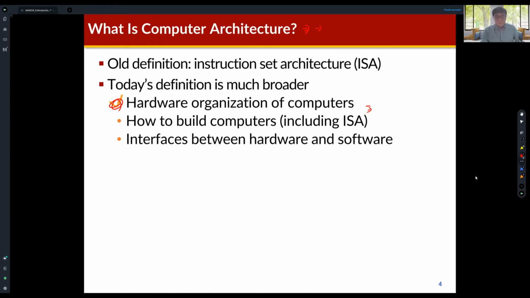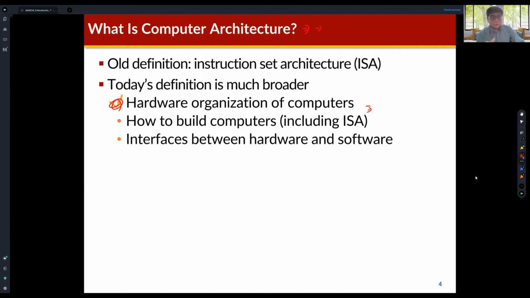And then we also focus on how to build computers. In the syllabus, I mentioned what a good computer is, and I mentioned the performance metrics. Everyone wants very high performance computer systems, and we also don't want to consume much energy.